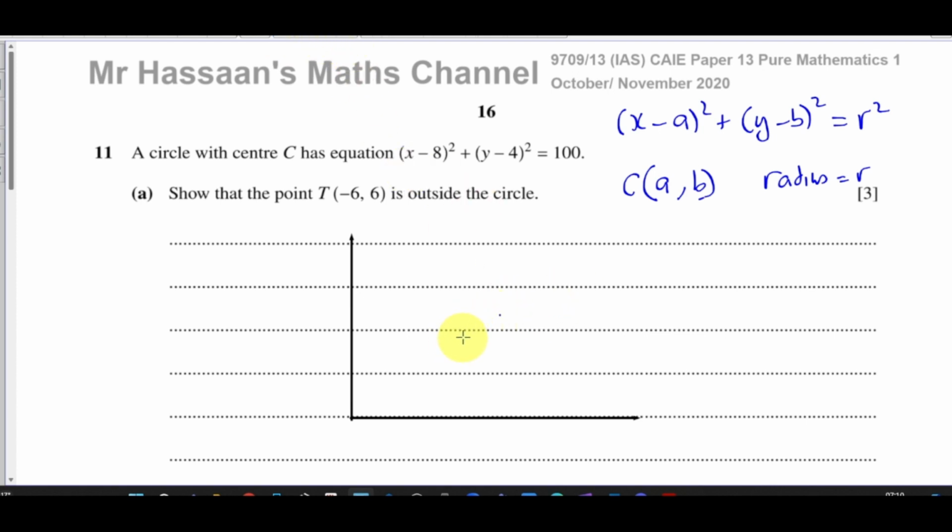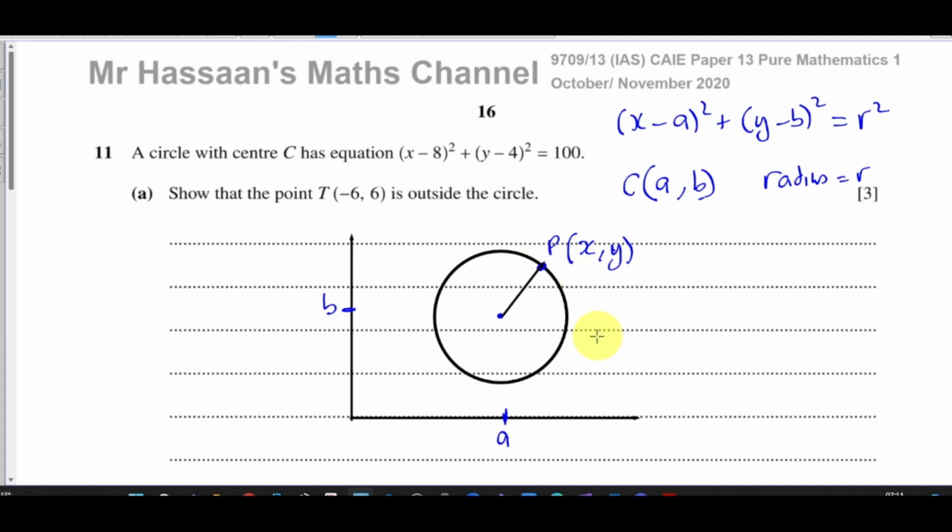This is the center, and the coordinates of the center are A and B. Let's call this A for the x coordinate, and B for the y coordinate of the center. Now, if we have a point P over there, this point P has coordinates, in general, (x, y). And we can see this is the radius of the circle.